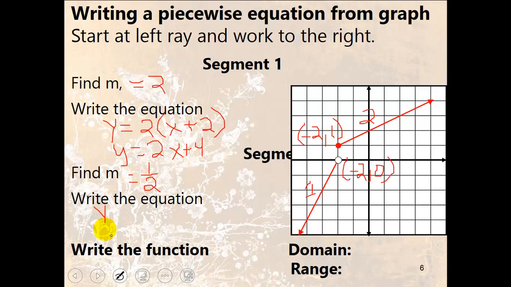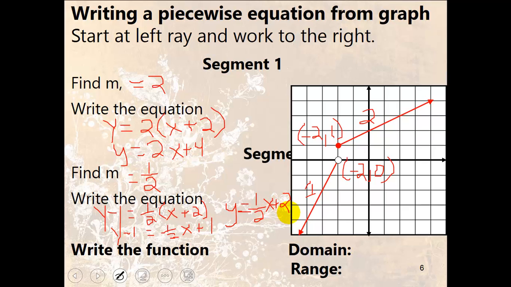So I'm going to go y minus 1 is equal to 1/2 times x plus 2. So y minus 1 is equal to 1/2 x plus 1. So we get y is equal to 1/2 x plus 2.